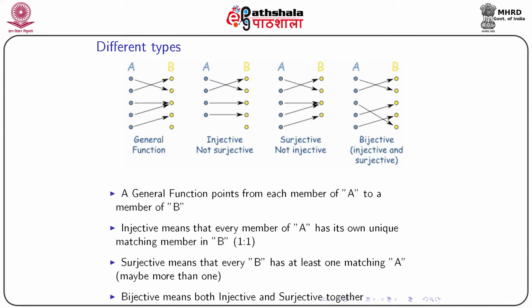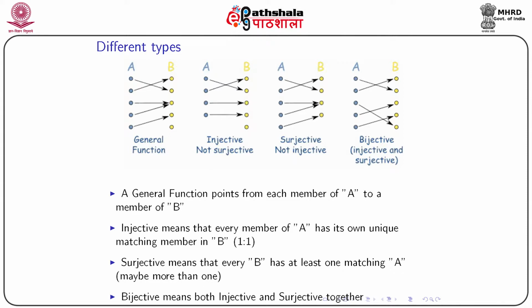So if you see all the elements, the first element in the set A corresponds to the second element in the set B, whereas the second element in set A corresponds to the first element in set B, third and fourth, and so on. So it means that every member of A has its own unique matching member in B. This is called injective mapping and sometimes one-to-one mapping.